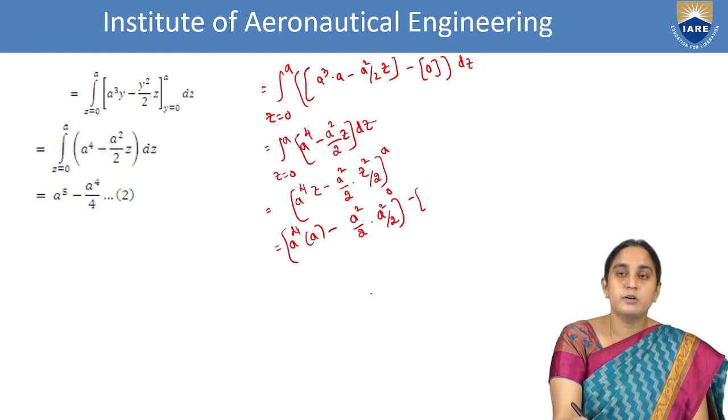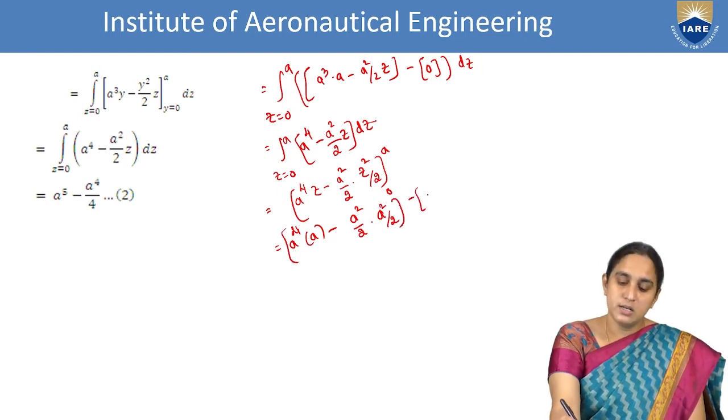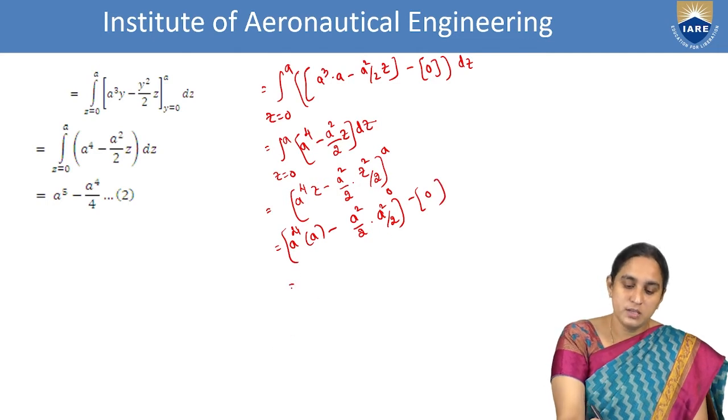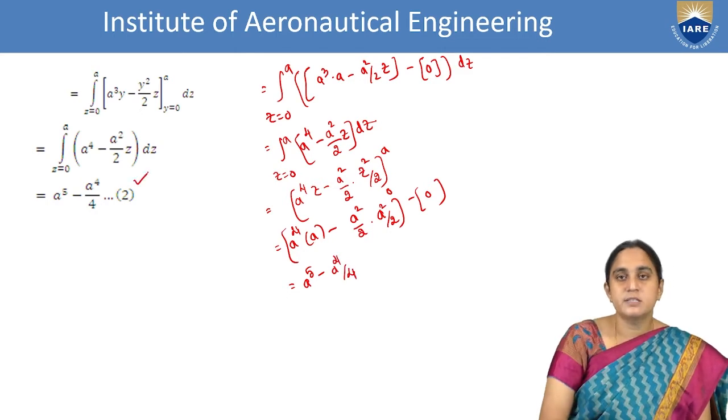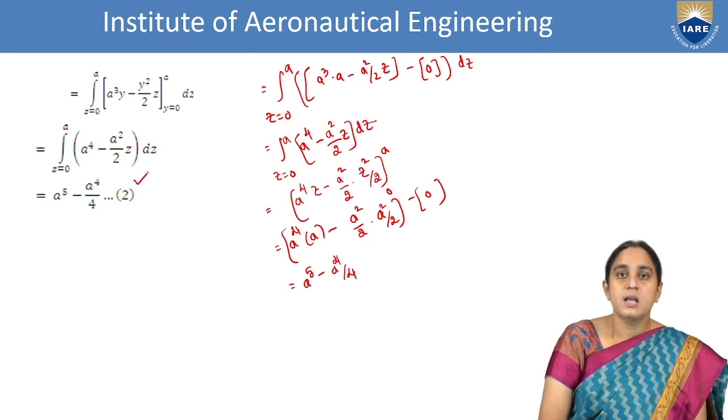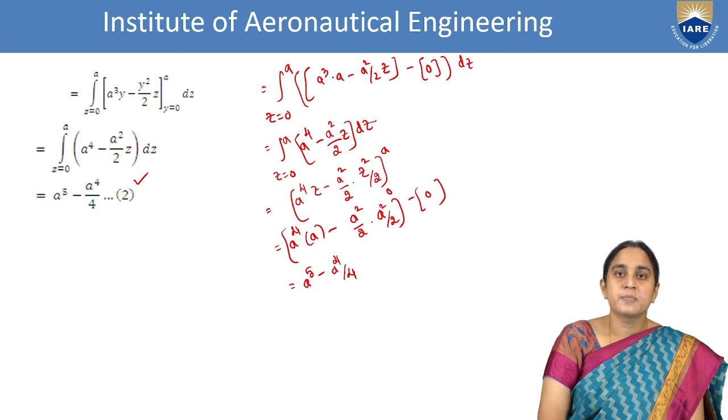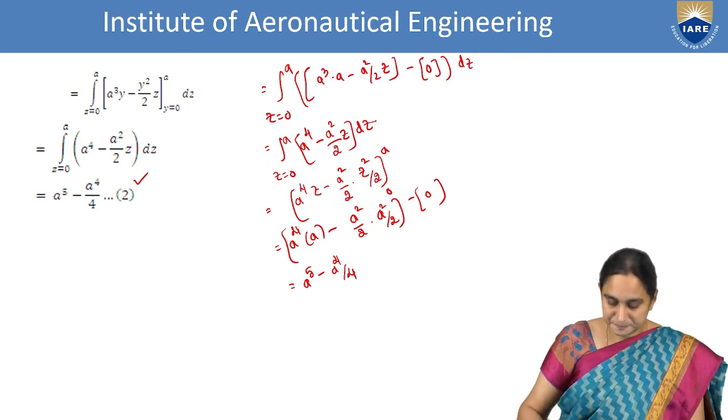Now substitute the lower limit, that is 0. Directly this is 0. Therefore, a power 5 minus a power 4 by 4. This is the first phase S1 answer, a power 5 minus a power 4 by 4. Let us take that as the second equation.